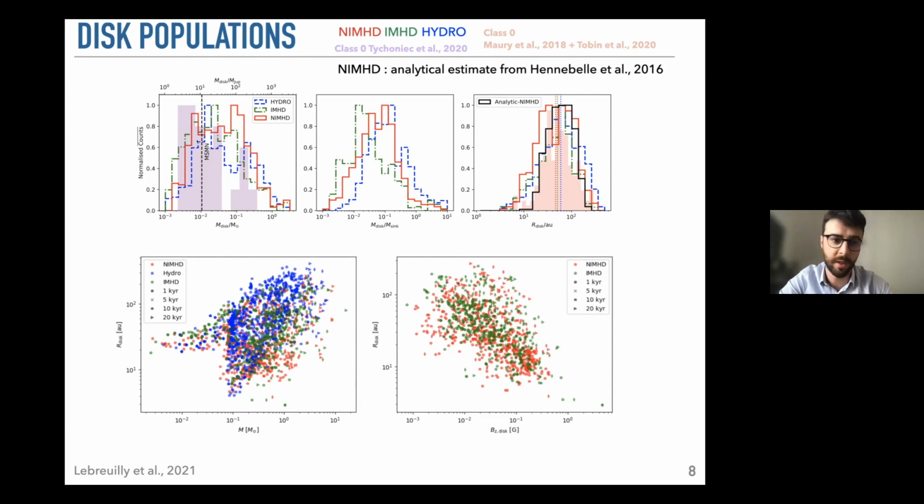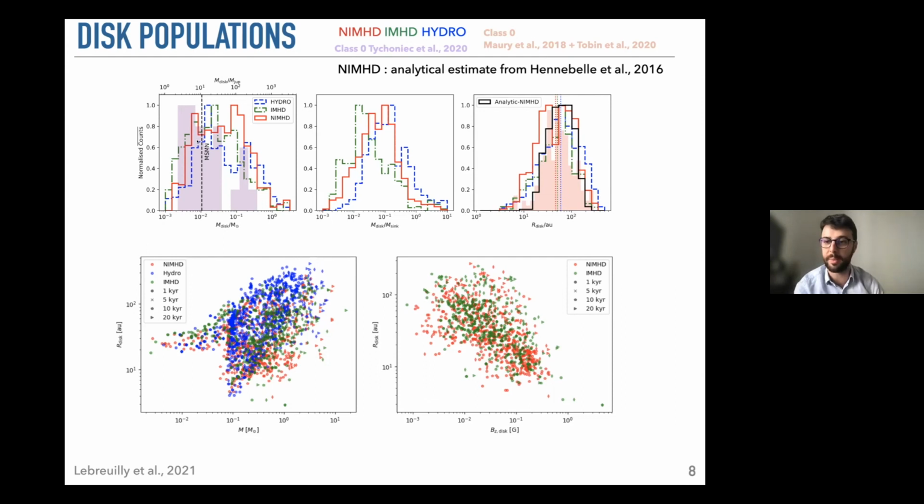So first, what we can see is that the masses of the disks are mostly comparable for the 3 simulations and quite in agreement with observation. Also, it's clear that the statistics is a bit insufficient for both observations and theory, but we are in the good range.